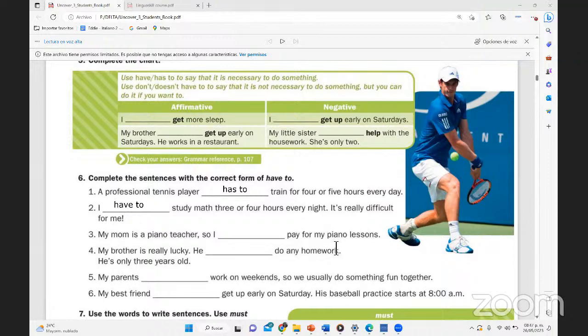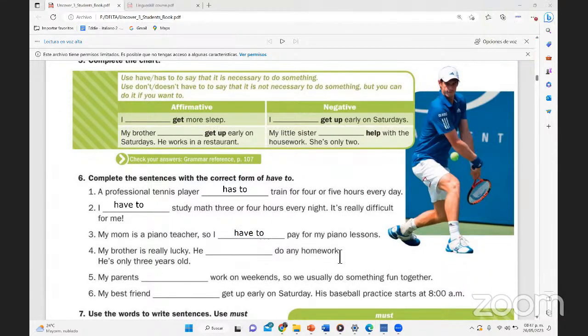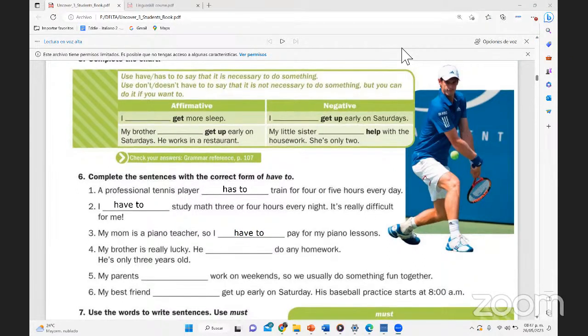My mom is a piano teacher, so I had to pay for my piano lessons. A ver, vamos a ver el contexto. My mom is a piano teacher. ¿Cómo vamos a traducir la oración? Mi mamá es una maestra de piano, así que tengo que pagar por mis clases de piano.